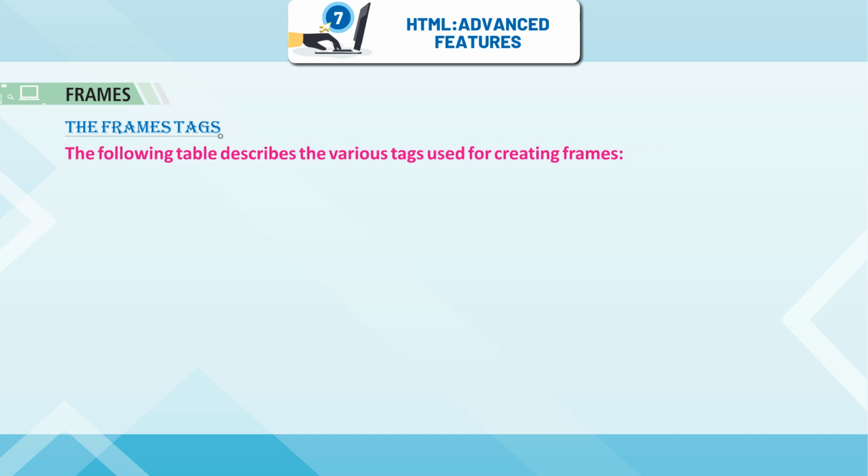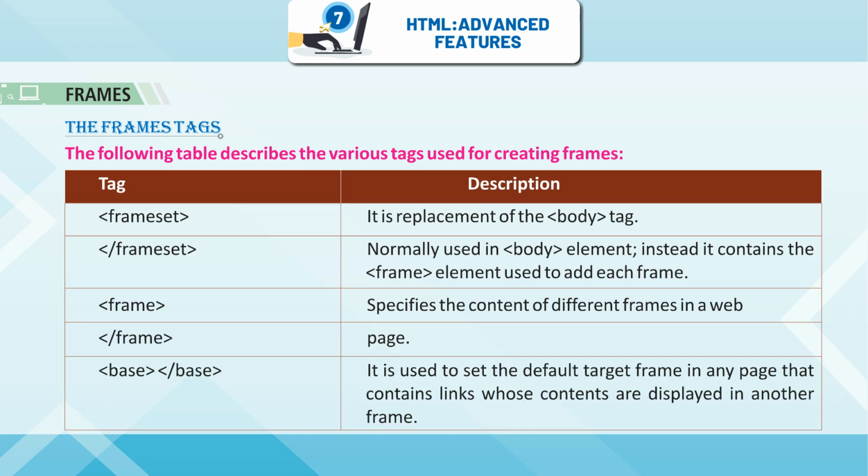The frames tags. The following table describes the various tags used for creating frames. Tag description. Frameset tag. It is a replacement of the body tag. Close frameset tag, normally used instead of the body tag element. Instead, it contains the frame tag element used to add each frame. Open frame tag specifies the content of different frames in a web page.